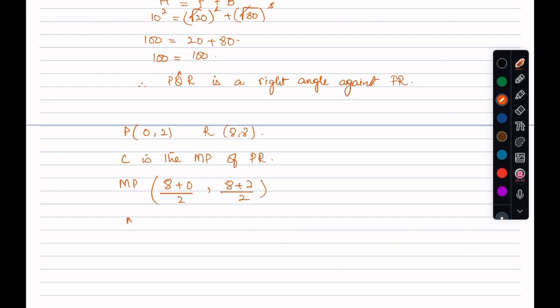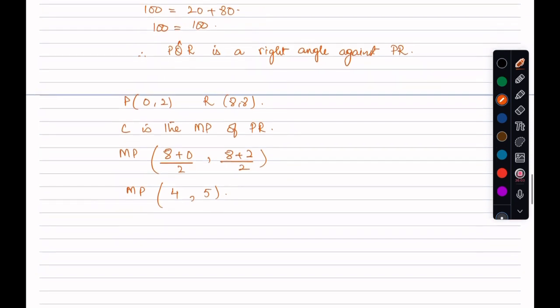That would give me the midpoint as 8 by 2, which gives me 4, and 8 plus 2 is 10, and 10 divided by 2 gives me 5. Therefore, I have the midpoint, which is 4, 5. So I have the center as 4, 5 and the radius as 5.